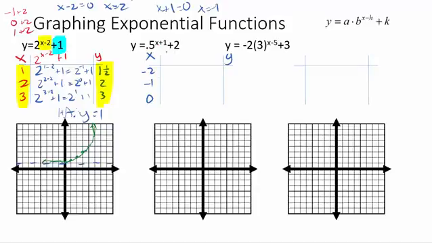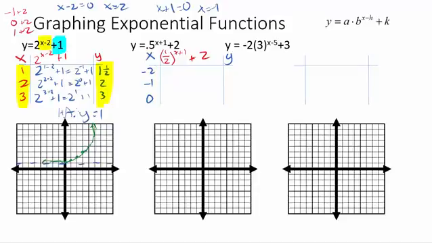So if we go ahead and figure this out, we've got 0.5 to the x plus 1 plus 2. I might rewrite this as 1/2 to the x plus 1 plus 2, because 0.5 and 1/2 are the same thing. That'll be easier to do in our heads.